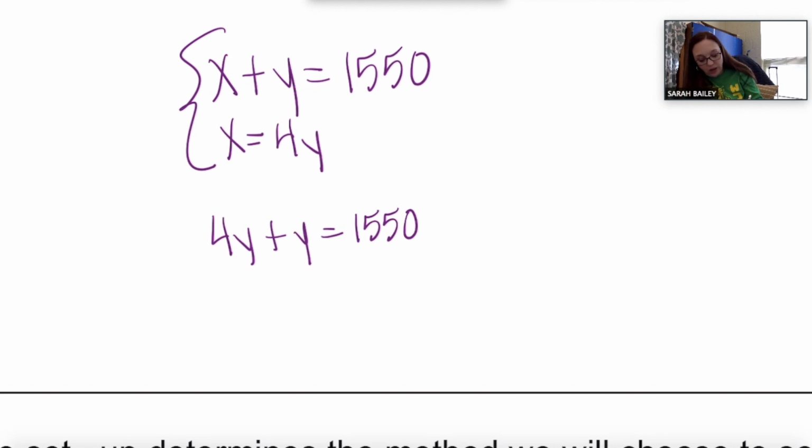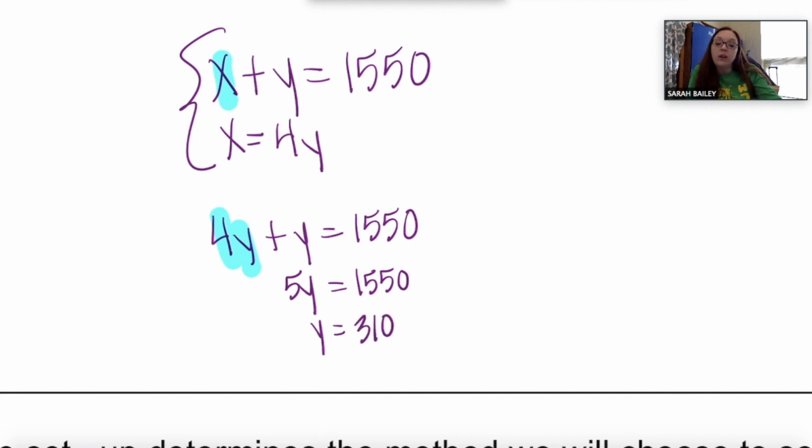And so I'm going to just kind of do a little highlighting here. This x right here got replaced with this 4y. Okay, so when I solve this, 5y equals 1,550. So when I've got my calculator, 1,550 divided by 5 is 310.